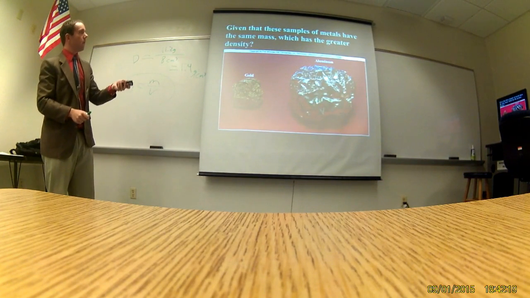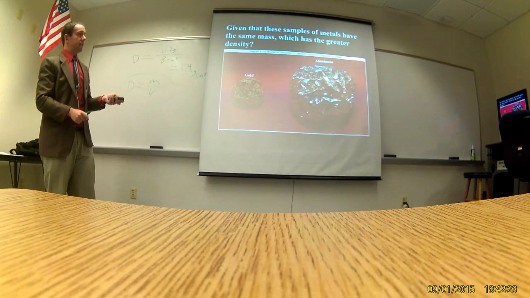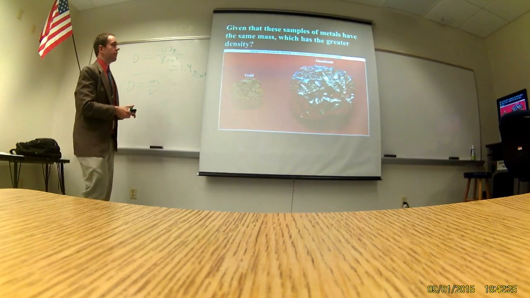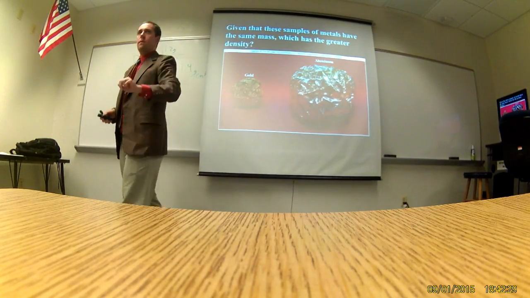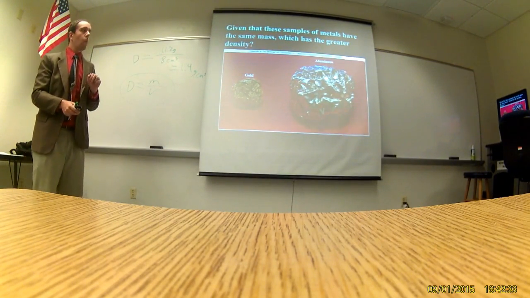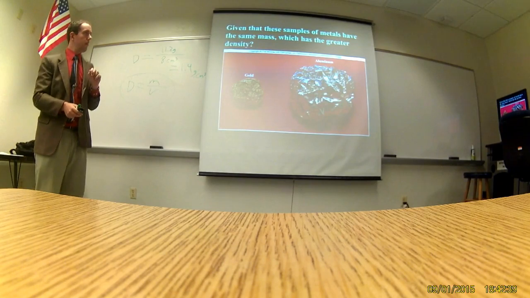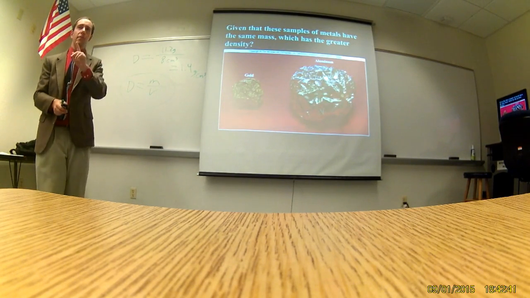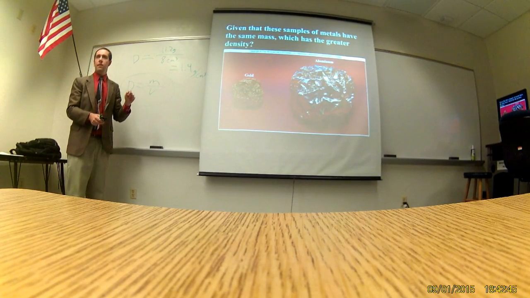Here's another one. This says they have the same mass. Which one has the greater density? Again, it's gold and aluminum. Why? Because they're the same mass, but that one has to fit into a smaller space. It's the same principle, but mathematically we're working with the bottom of the equation instead.